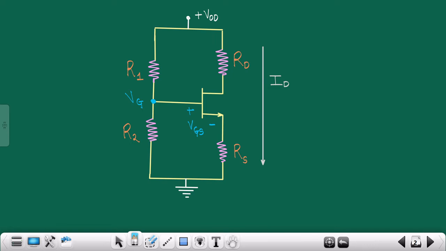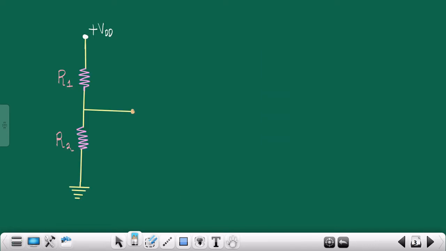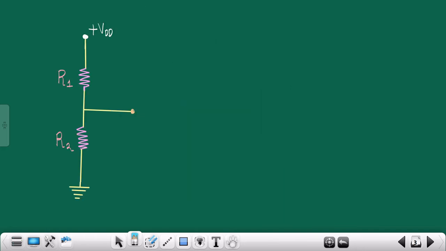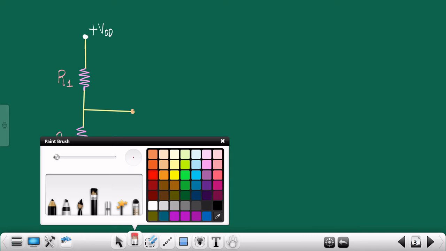Now what we are going to do is analyze this particular circuit. So this is how this part is going to look. Okay, let me move further. Let me take a different color of pen.